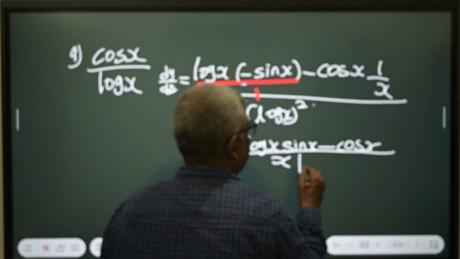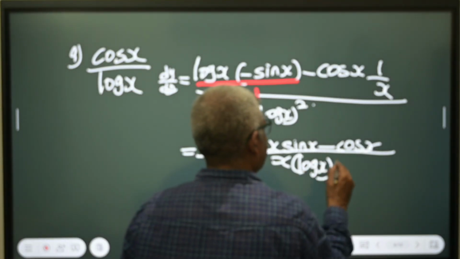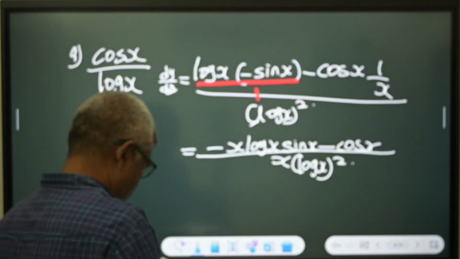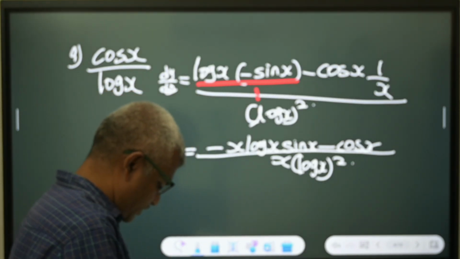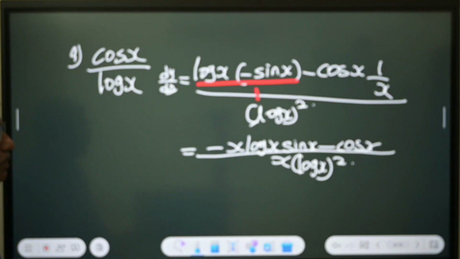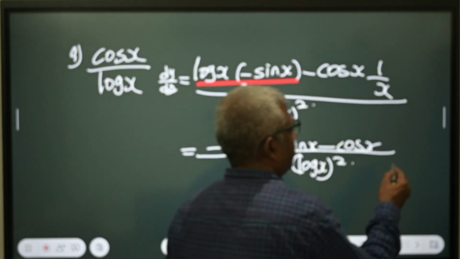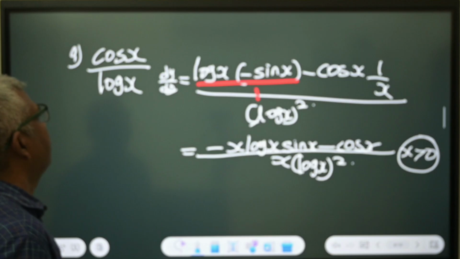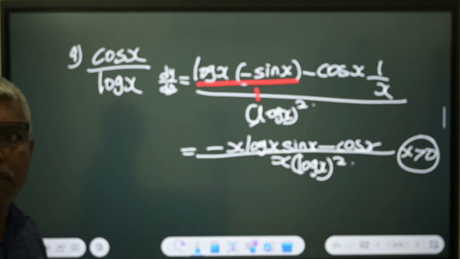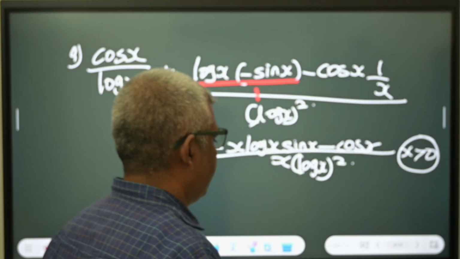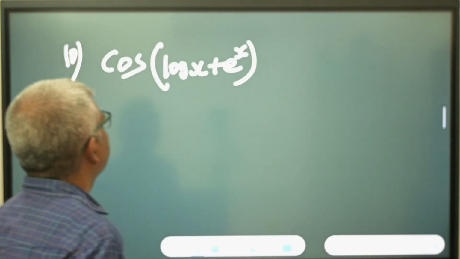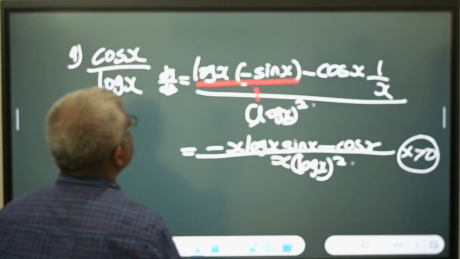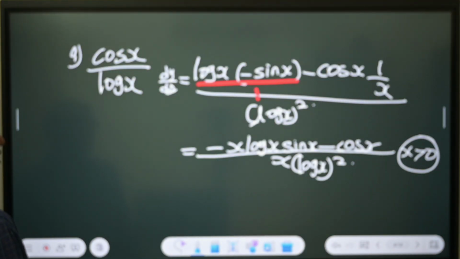That we can write, log x whole square. So x should be greater than 0. Copy it down. Very simple. V u dash minus u v dash. Copy it.